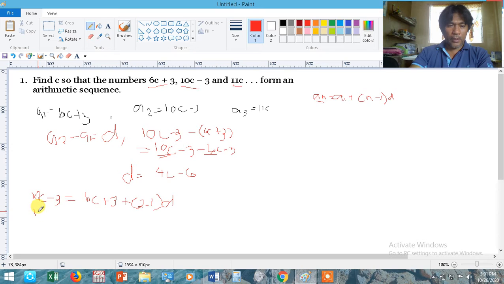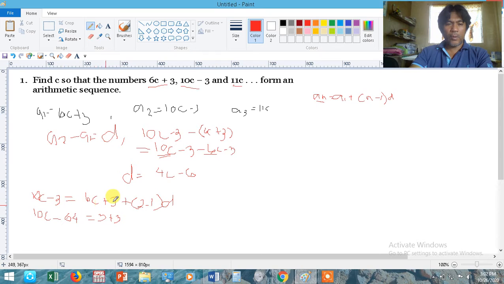We have 10C. This one will become negative 6C, equals 3 plus 3.